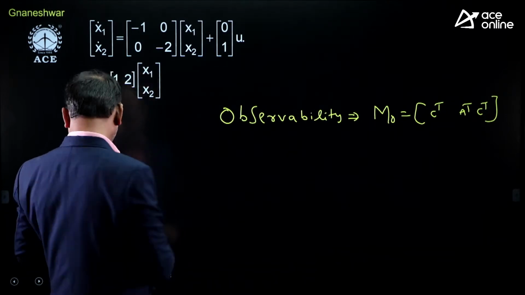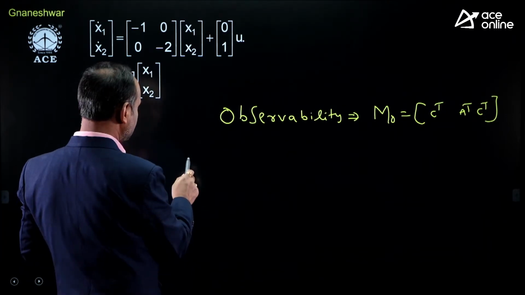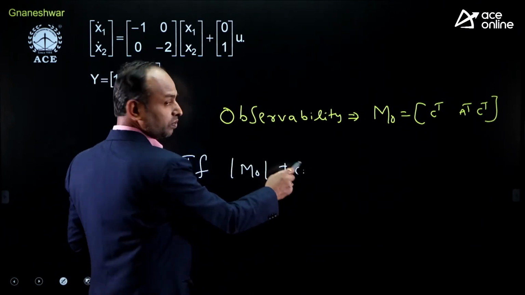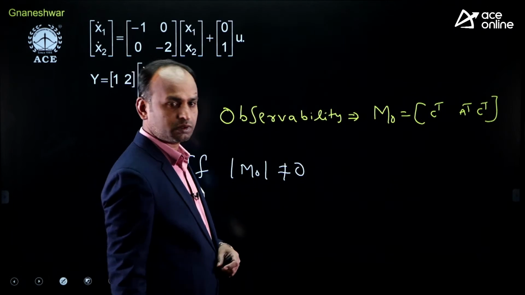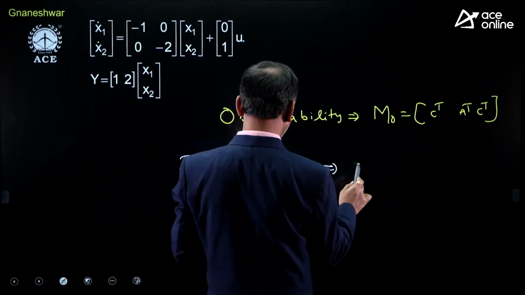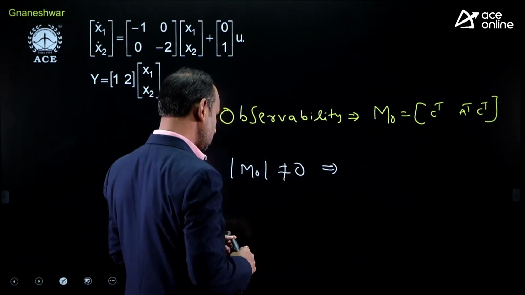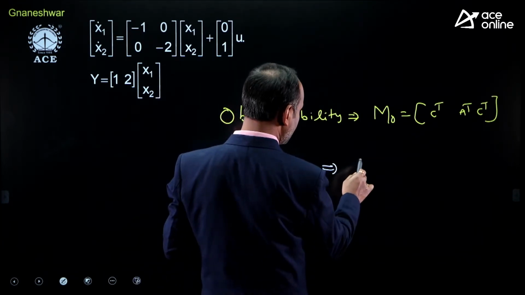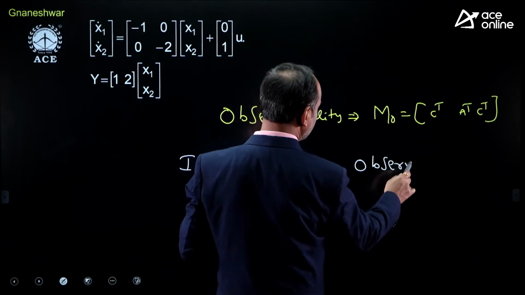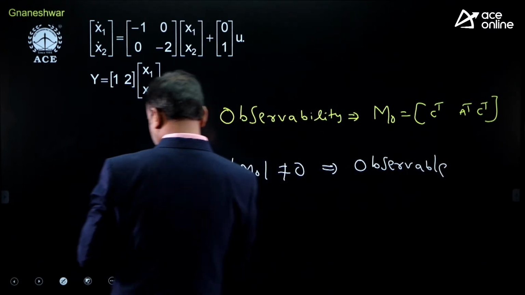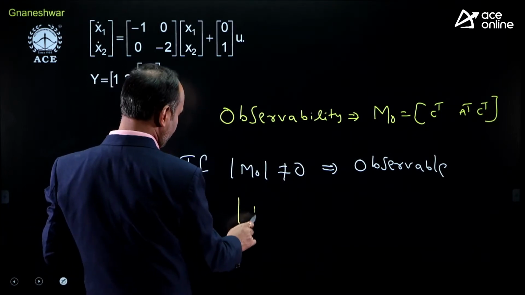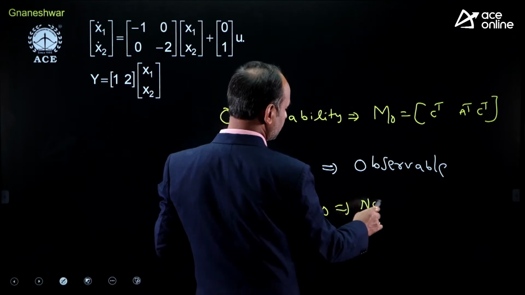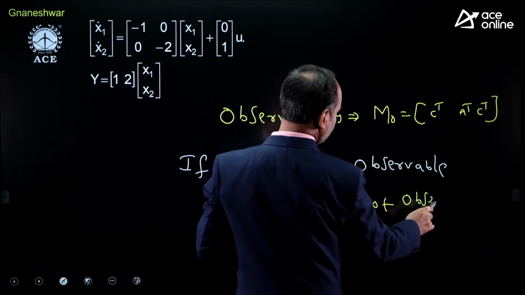If det of Mo is not equal to 0, then it is completely observable. If det of Mo equals 0, then we can say it is not observable. These are the formulas, dear.